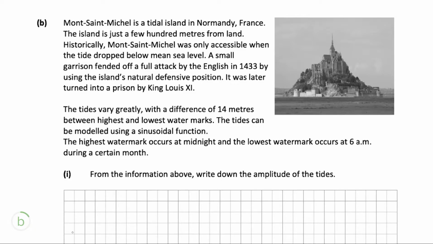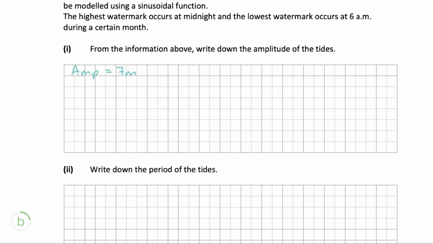So we were told there is a difference of 14 meters, which means that the amplitude is going to be 14 divided by 2, giving us an answer of the amplitude is equal to 7 meters. Now part 2 says, write down the period of the tides.